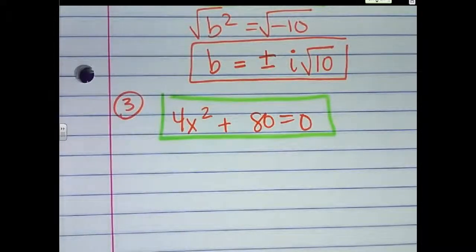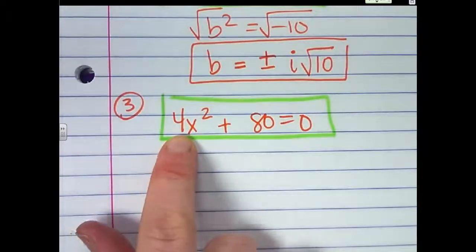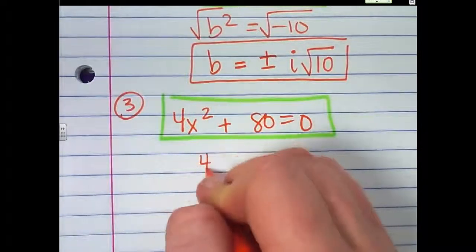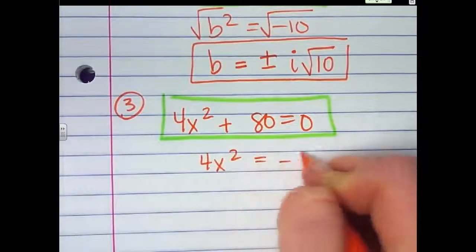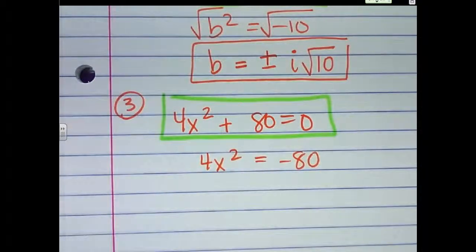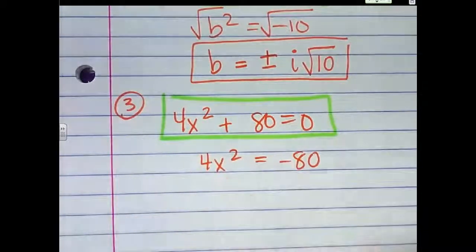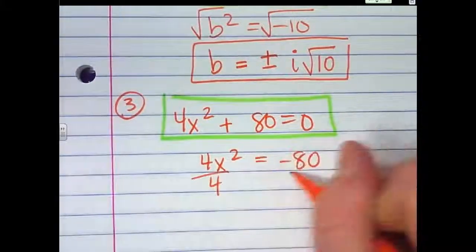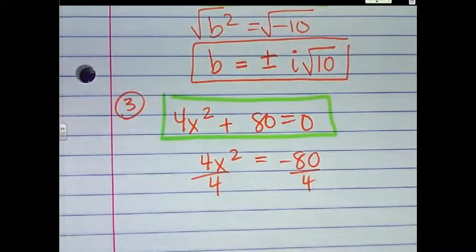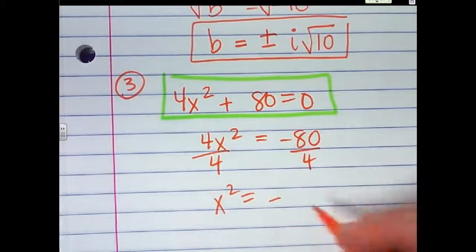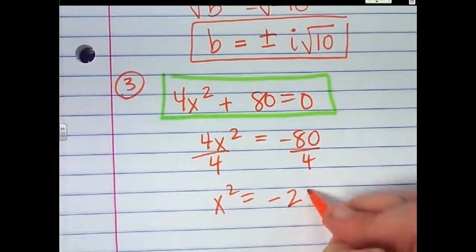4x squared plus 80 equals 0. Nothing's different except there's a 4 in front. Same thing, subtract 80. In this case, you could square root first if you wanted to, because 4 is a perfect square, but I'm going to divide by 4 to get the x squared by itself. So x squared equals negative 20.